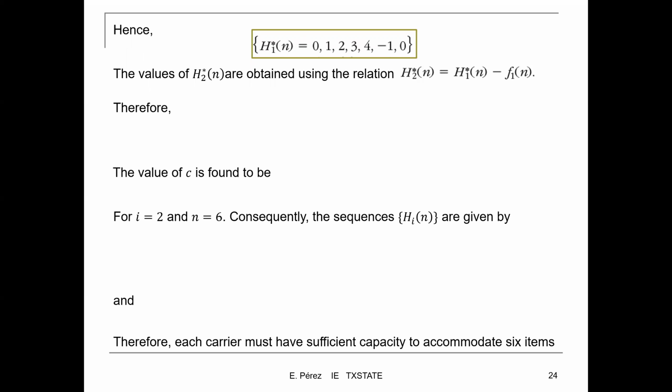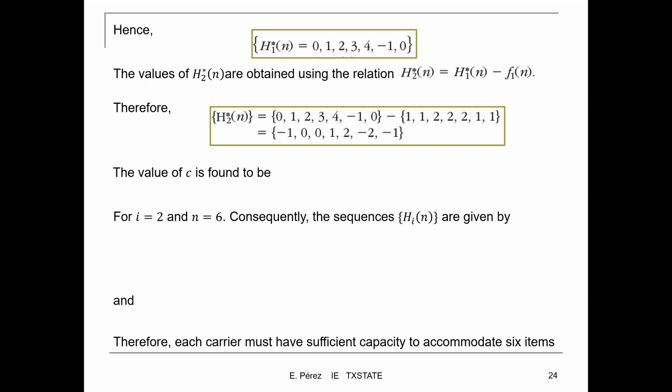The values of H2 star of N are obtained using the relation H2 star of N equals H1 star of N minus F1 of N. Therefore, H2 star of N is equal to this difference for the set that we just generated for H1 star of N minus F1 of N. And that's the H2 star of N set, which is equal to minus 1, 0, 0, 1, 2, minus 2, minus 1.